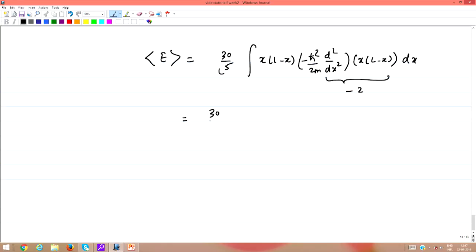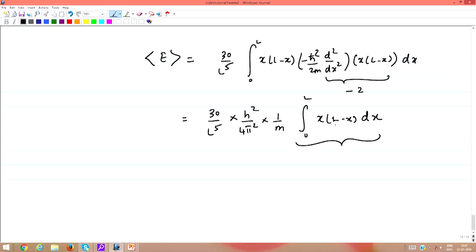So, you get 30 by L raised to 5 into h square by 4 pi square into 1 by m, and then the integral between 0 and L of x into (L minus x) dx. This is a very simple integral to do. It is x square by 2, so it is L cube by 2, and this is x cube by 3, and therefore, this is minus L cube by 3, and the answer is L cube by 6.